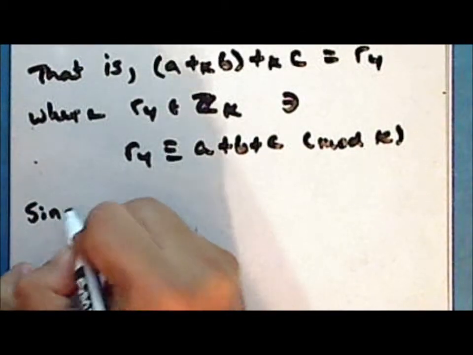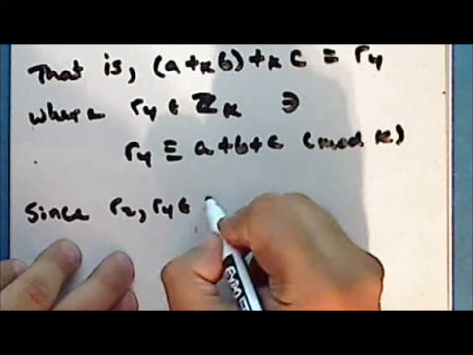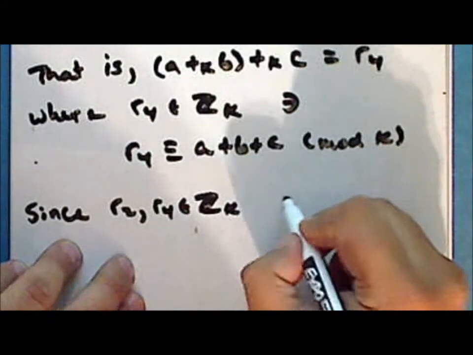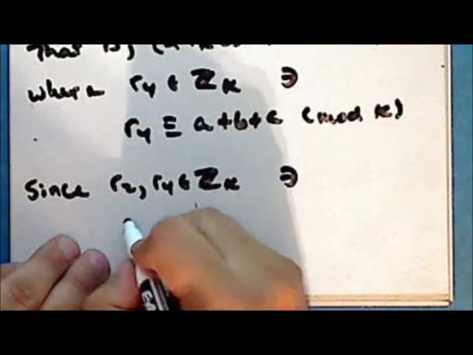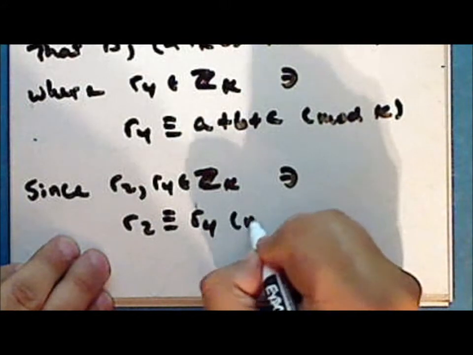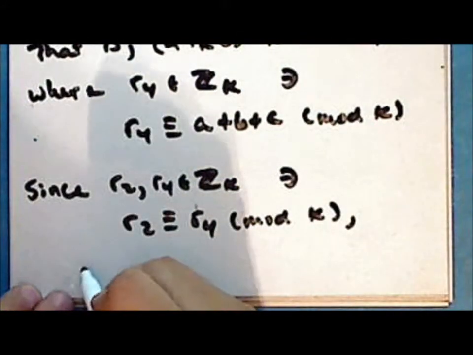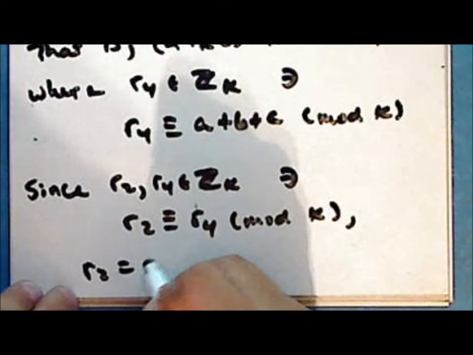So since r sub 2 and r sub 4 are both elements in the set of integers modulo k, such that r sub 2 is congruent to r sub 4 modulo k, we have that r sub 2 must be equal to r sub 4.